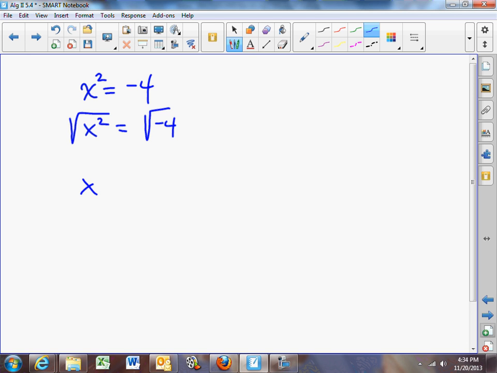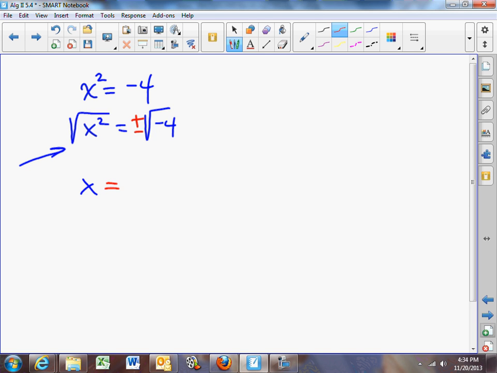Now, one thing I am going to mention right here: when you take the square root of both sides, you must put in a plus or minus on one side or the other. It's extremely important, and if you don't, a lot of times you're going to get the wrong answer. So what we've got here is the square root of x squared is equal to plus or minus the square root of -4.